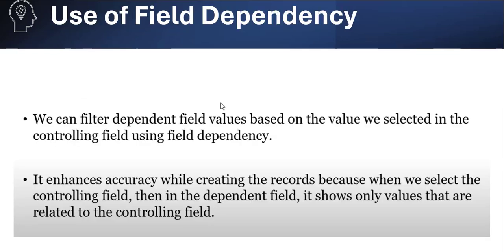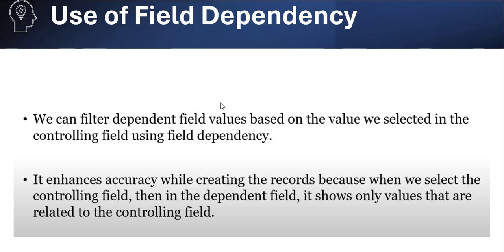Now let's understand the uses of field dependency in Salesforce. We can filter the dependent field values based on the value that we selected in the controlling field. After that, it enhances the accuracy while creating records, because when we select the controlling field value, the dependent field only shows the values that are related to it.